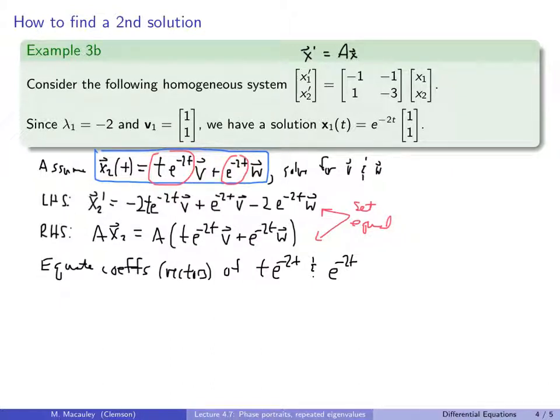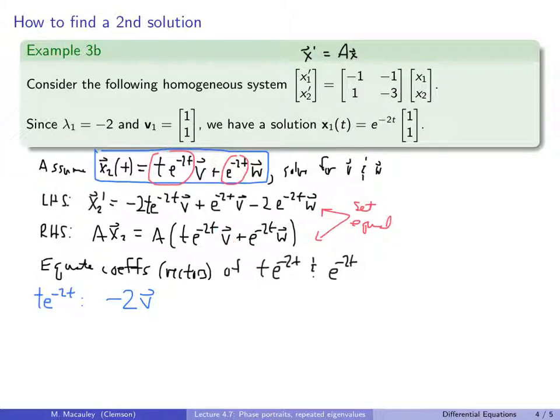So, okay, how many t times e to the minus 2t's do we have? On the left-hand side, we have negative 2 times v, right? And that's it. These two terms don't have a t in it. And down here on the right-hand side, we have A times this times v.